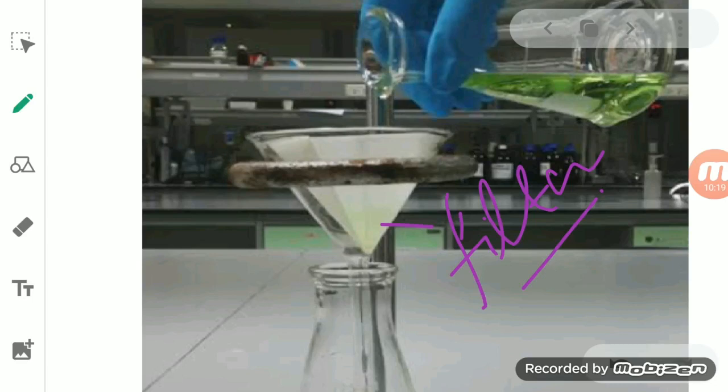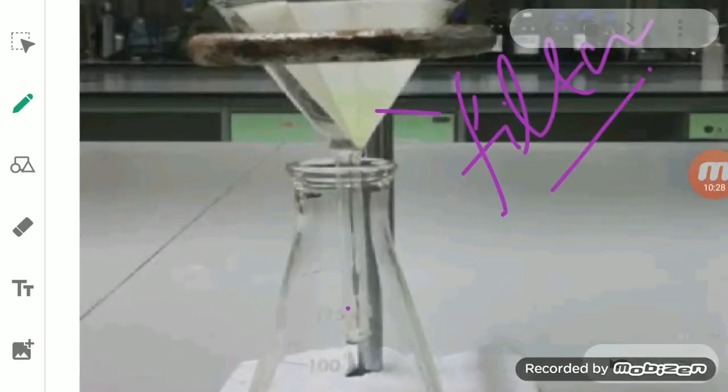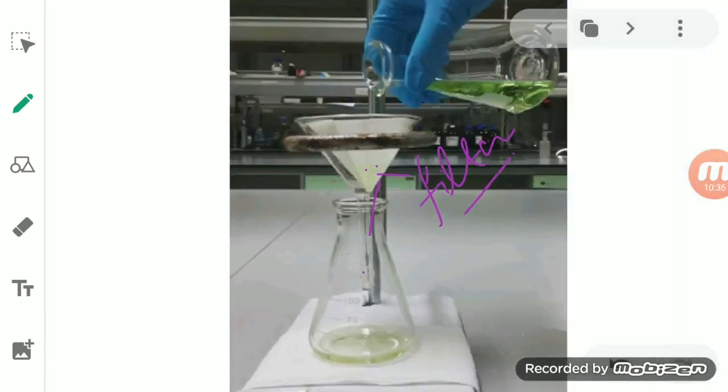Now see here, when you pass the liquid through the filter paper and collect it into the beaker kept just below the funnel, here is the filter paper which is fixed, kept over another beaker, and from here we are pouring the solution into the filter paper placed in the funnel, and in the beaker just below the funnel, we will collect the filtrate.